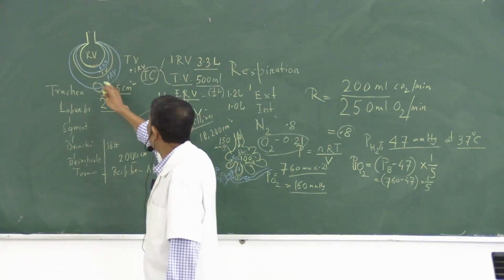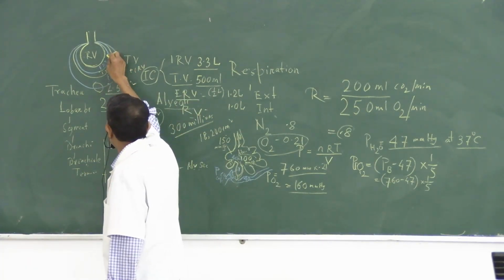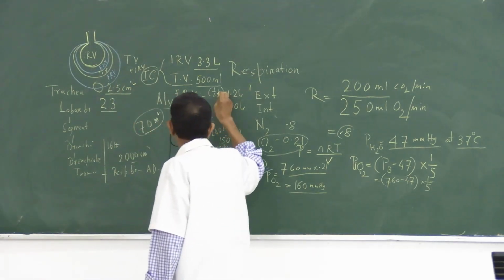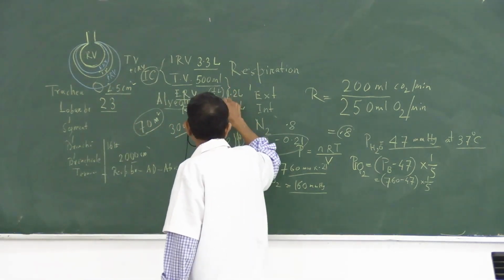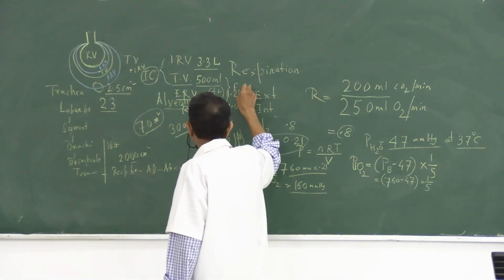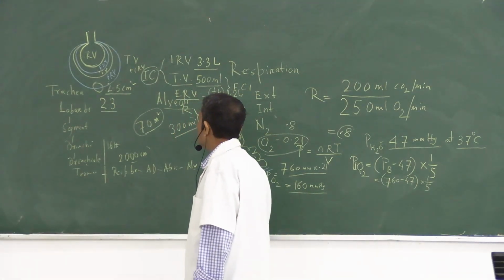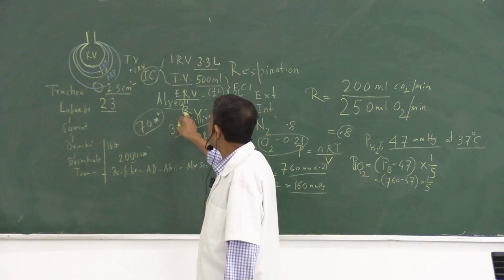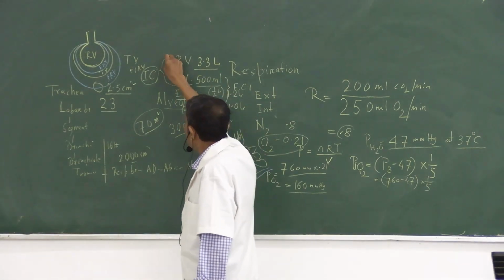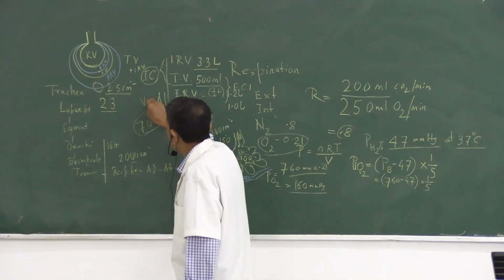And tidal volume plus expiratory reserve volume is expiratory capacity. And besides the residual volume, they together form the vital capacity.